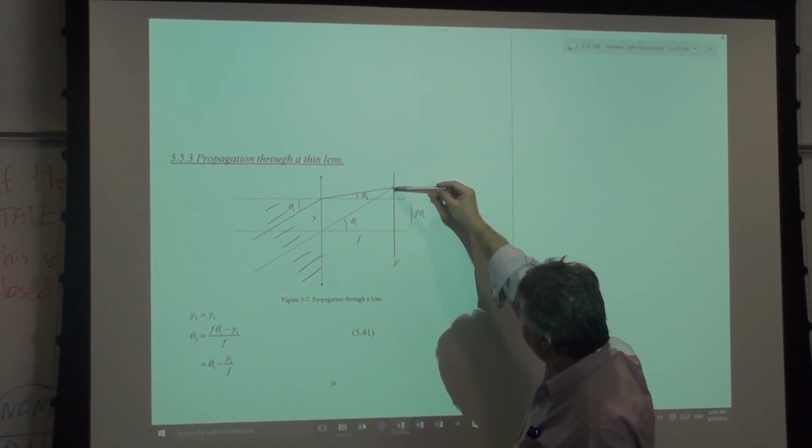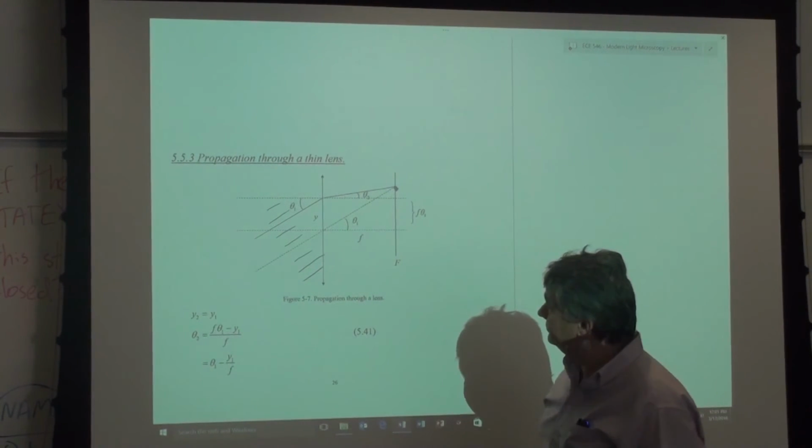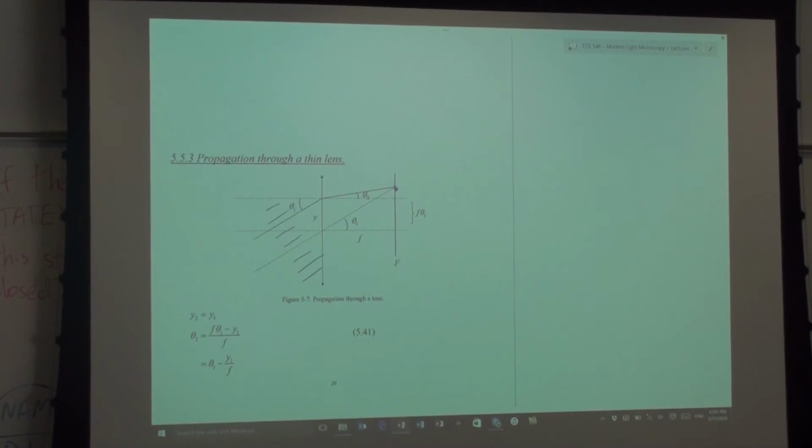And then I subtract, my high school geometry kicking in slowly. So I'm calculating this little thing, delta y, because my theta 2 is going to be delta y divided by f.